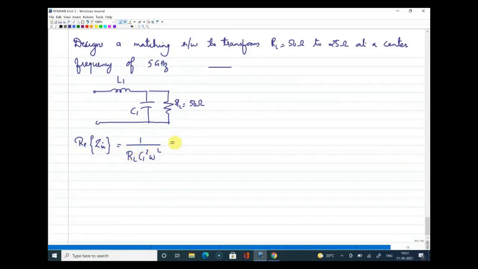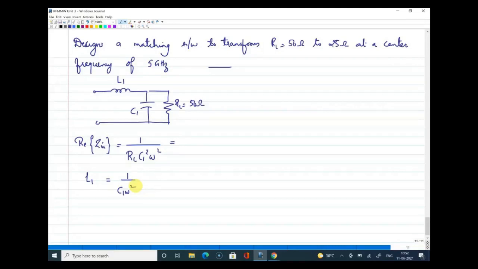We will get the value for that because RL value is given, omega value is given, and we know what should be the real part of the impedance after using this matching network. Similarly, L1 value can also be obtained by this value 1 by C1 into omega square. There also omega is known and C1 you will get from the first equation. And the formula I have used now, for the real part of impedance and L1, is on the assumption that the Q factor is much larger than 1. Let us see how that assumption works.